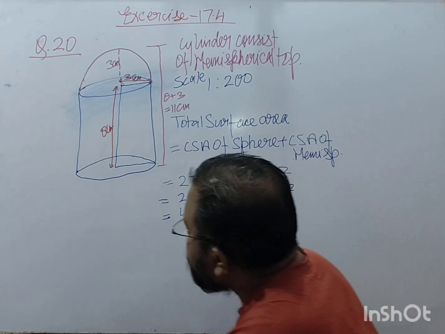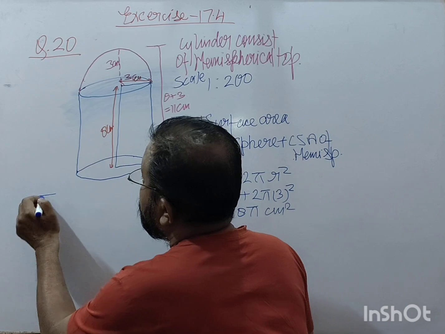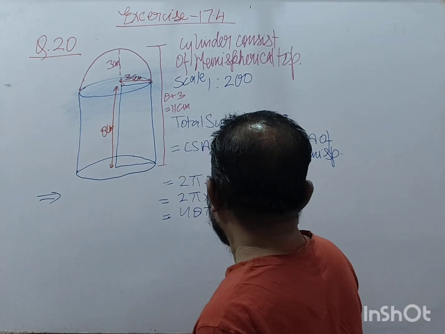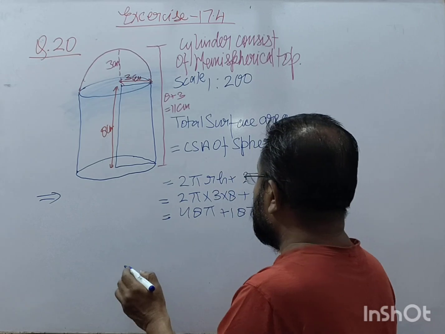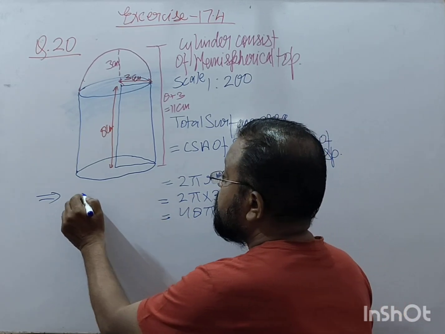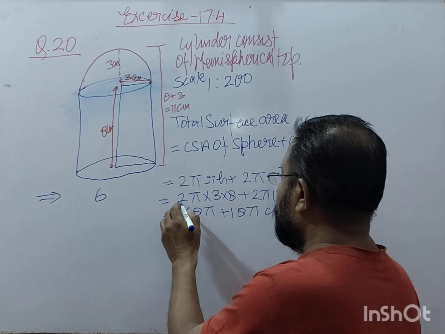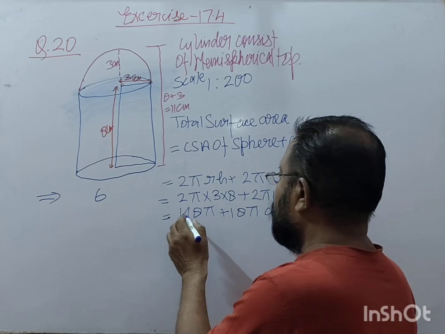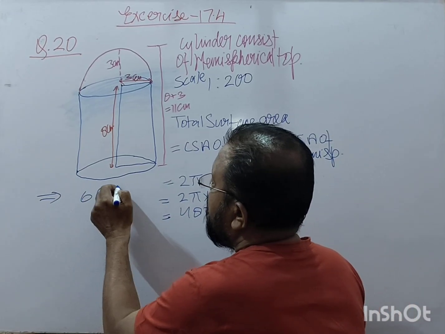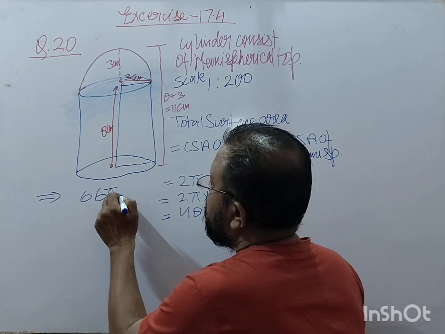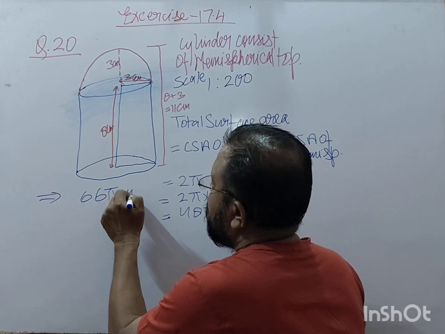So how much will it be? 48 plus 18 is 66 pi centimeter square.